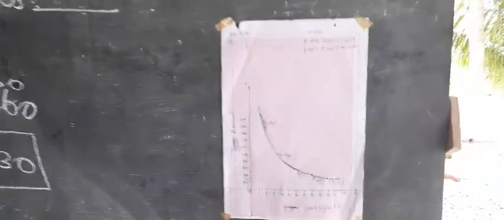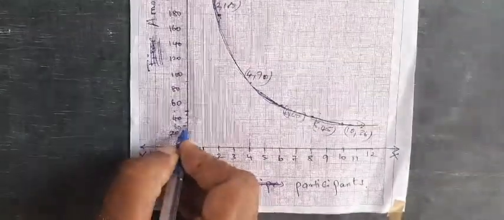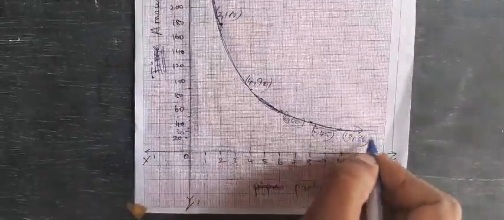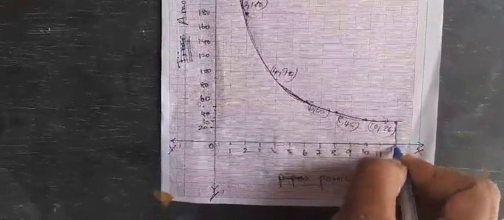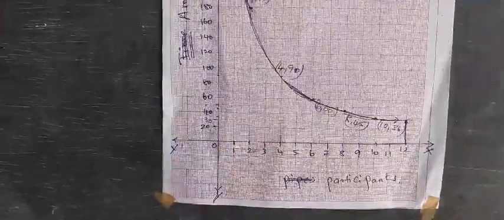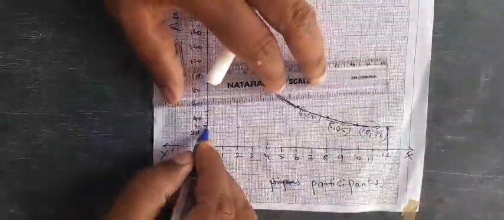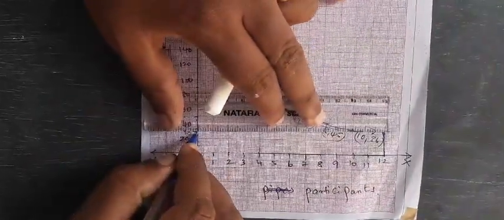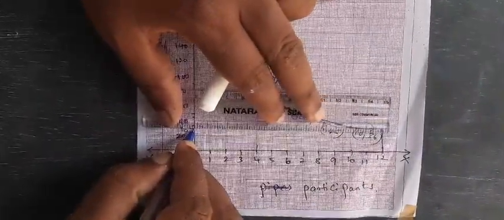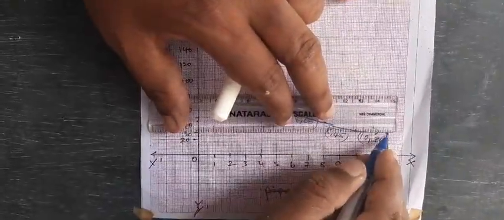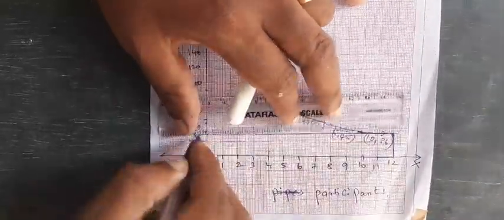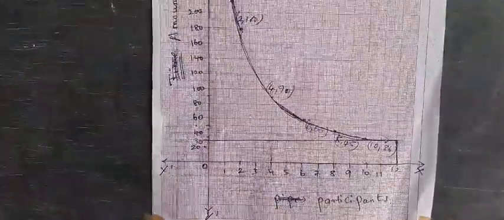So here we have 12, and here we have 30, so in between we have to draw one line. Like this we have to draw the line.